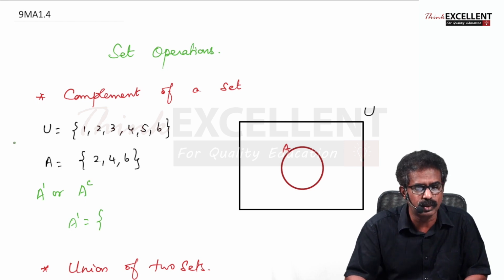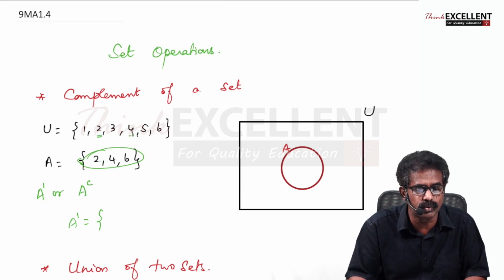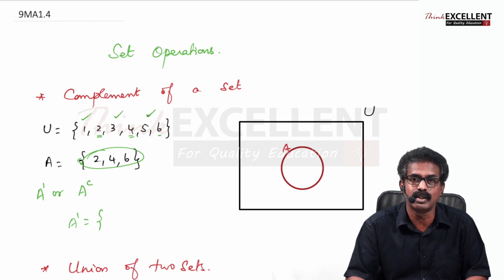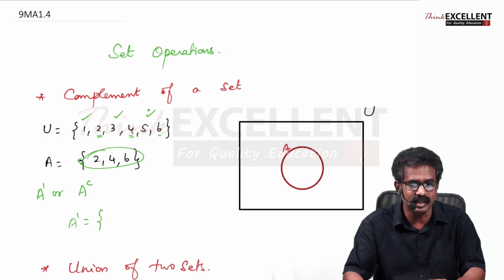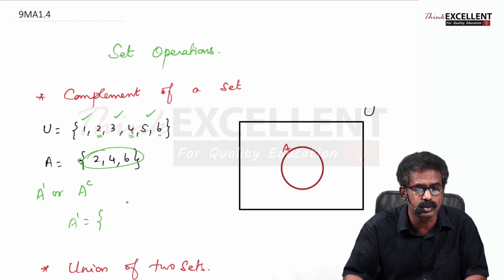A contains 2, 4, 6, so don't take those. The other elements you take, 1, 3, 5. That is called the complement of A. Don't take the elements from A, take the remaining elements.